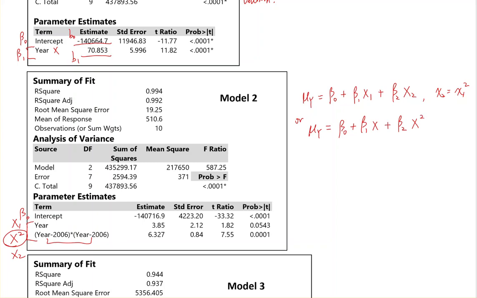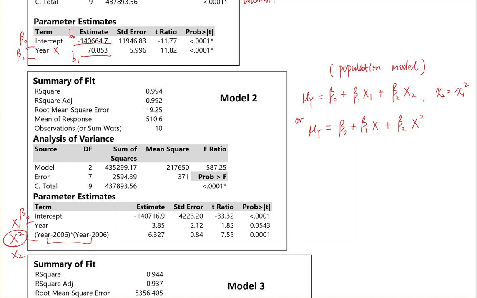It doesn't matter which way you use, as long as you can state what the model of this regression is, right? And then we have the 3 estimates for beta 0, beta 1, and beta 2. This is called the population regression model.